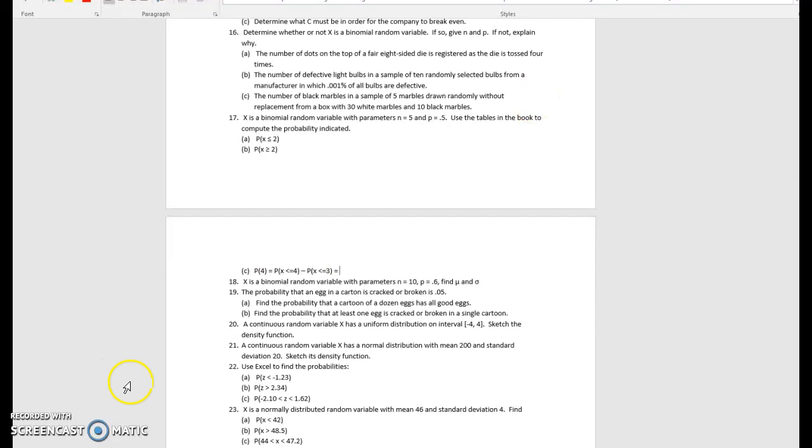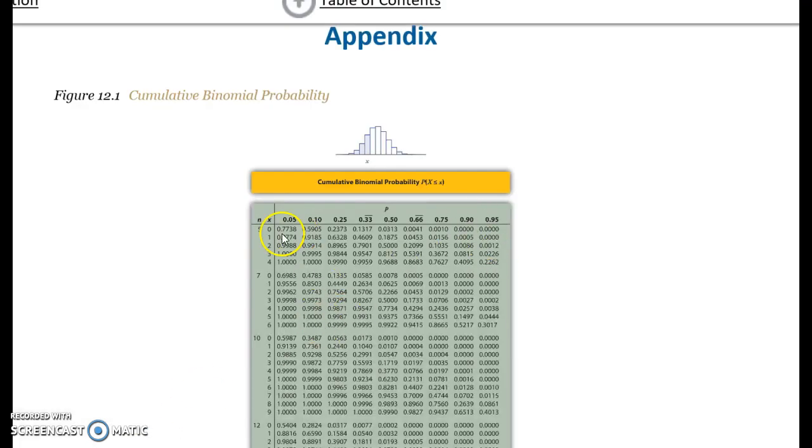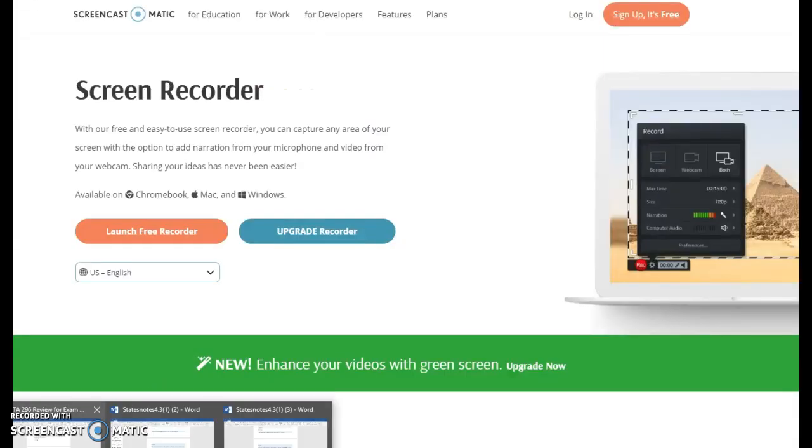So if we look things up on our chart, the probability that x is less than or equal to 4, so we'll have n is 5 and 0.5 for p, less than or equal to x equals 4 will be 0.9688 for the first part of our computation.